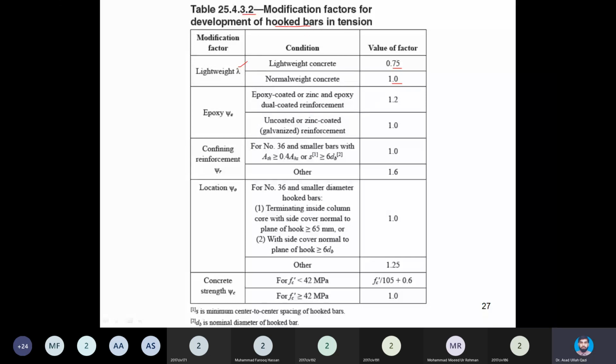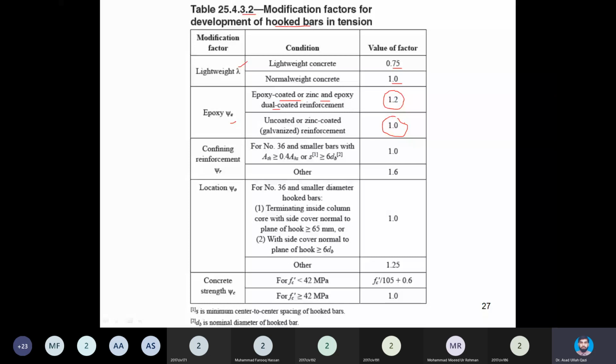However, the epoxy coating factor is a little modified here. They are saying epoxy coated or zinc and epoxy dual coated, for all of them, irrespective of the clear spacing or clear gap, directly they are asking if they are coated, enhance the hooked bar LD by 20%. And for uncoated hooked bars, no enhancement is recommended. It is 1.